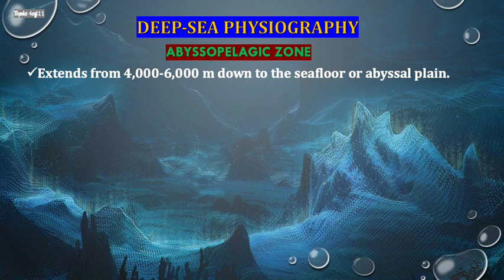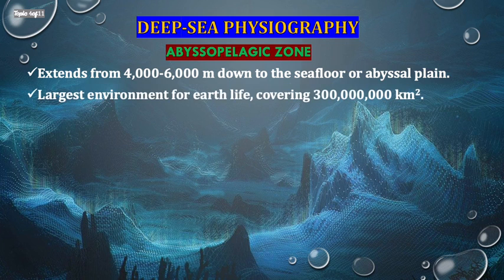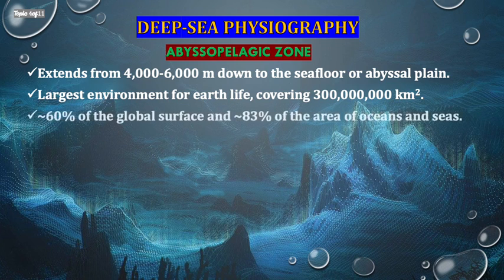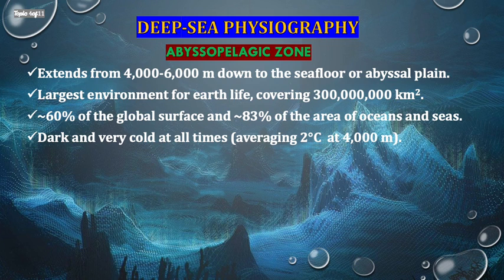All right, so the abyssopelagic zone extends from 4,000 to 6,000 meters down to the seafloor, or what they call the abyssal plain. It is the largest ecosystem, covering about 300 million square kilometers. It is also estimated that the abyssal plain covers about 60% of the global surface, and covers an area of the oceans and seas of approximately 83%.